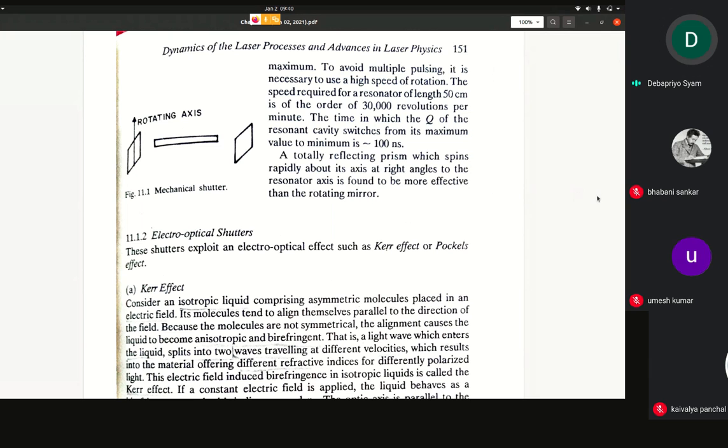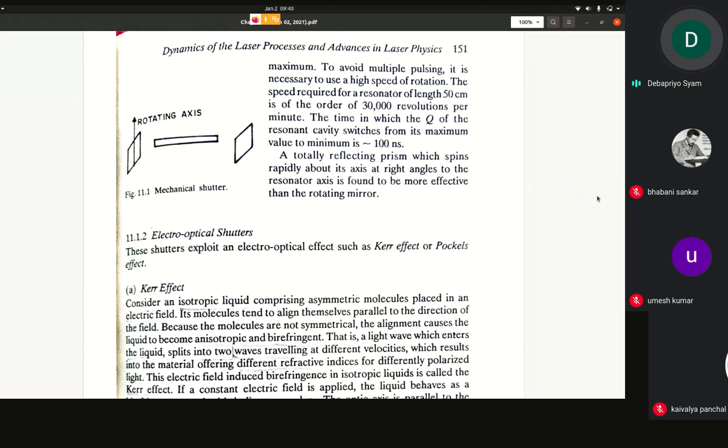You see an arrangement. The rod in the center is the ruby rod, and there are two mirrors on two sides. One of the mirrors can be rotated about an axis. This is the mirror that has 100% reflectivity. That is, the reflection coefficient is 1.